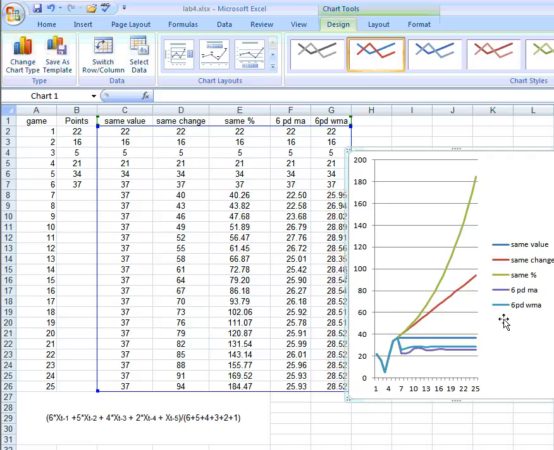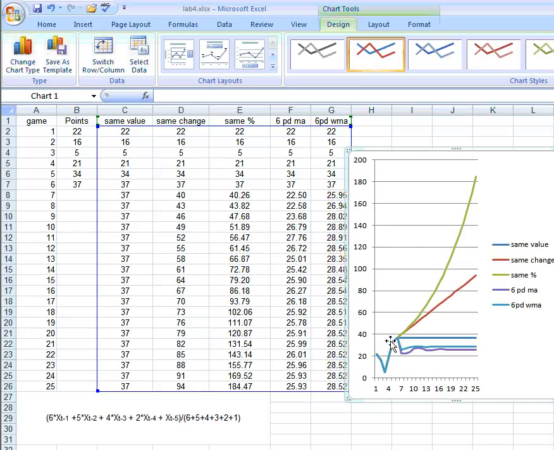Save time. I want you to notice a pattern. The same percent change took off, it's monotonic divergence. Same change, also monotonic divergence. The same value converged. They didn't even oscillate.